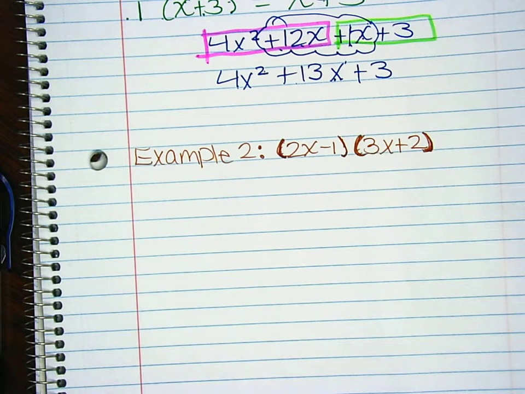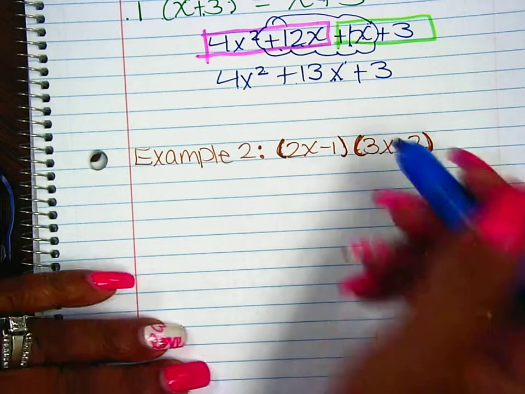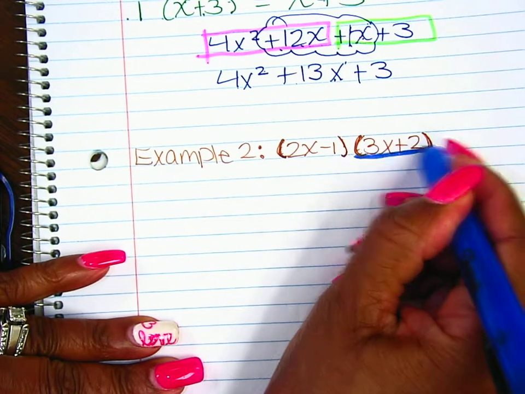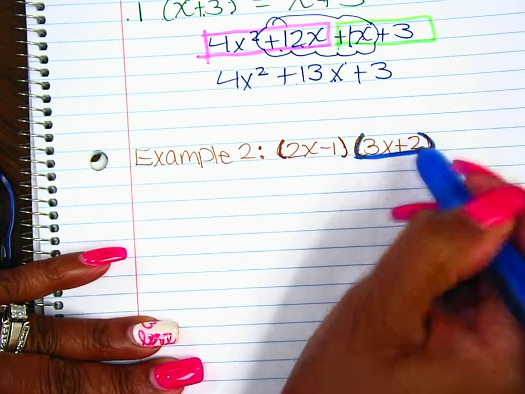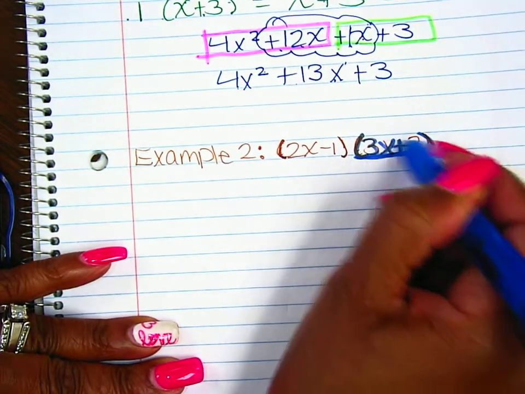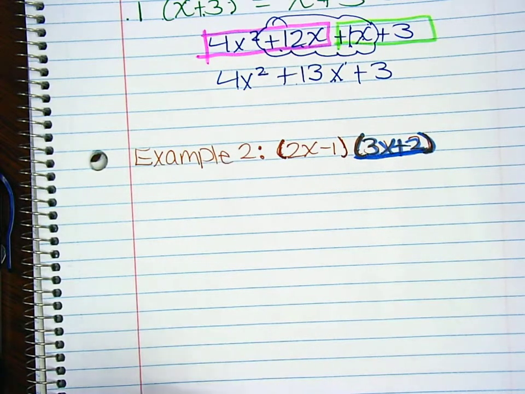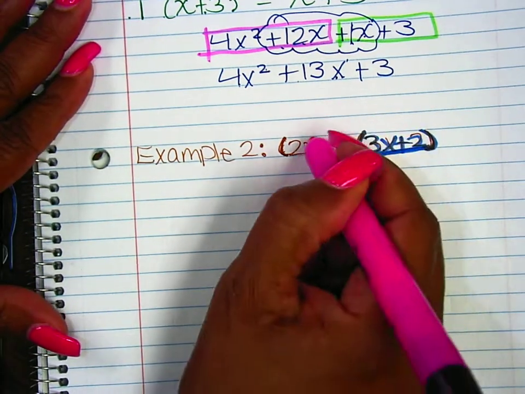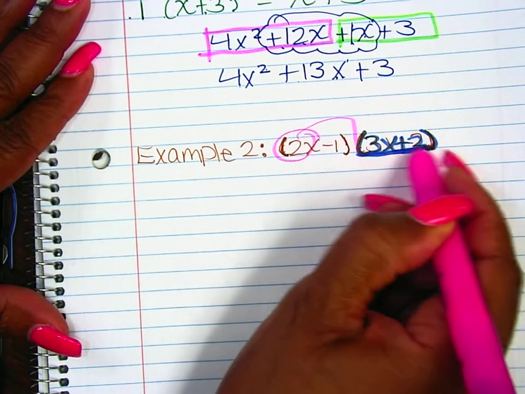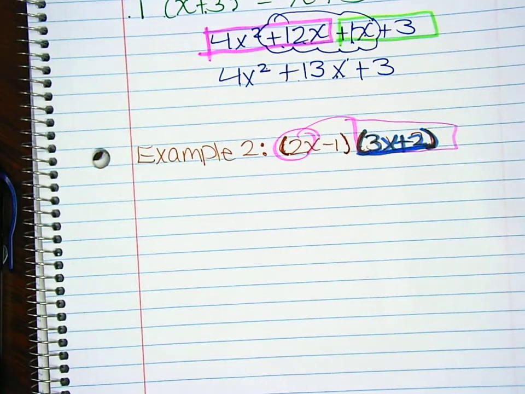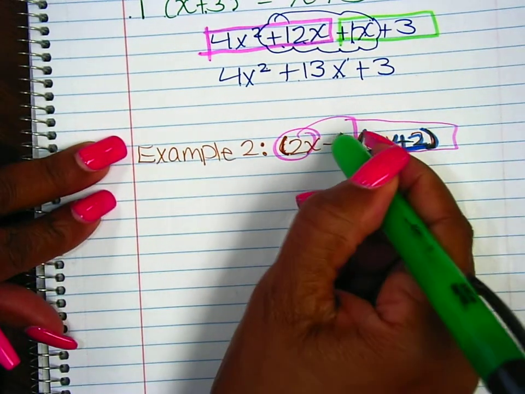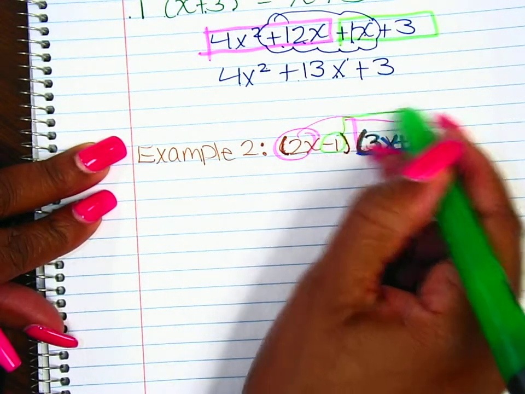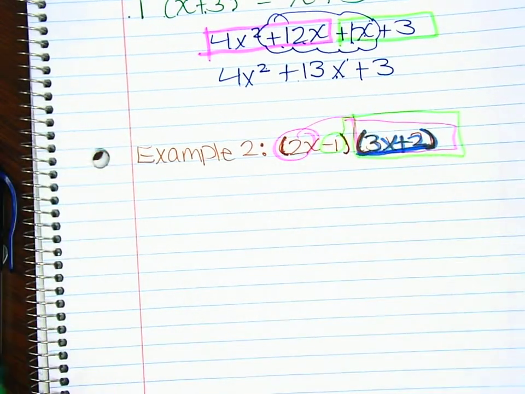I'm going to try to put a little twist on it. I want to underline this 3x plus 2 and highlight it with blue because I'm going to use it twice. Remember that we take the 2x and multiply it times this factor. Then we take the negative 1 and also multiply it times this binomial.